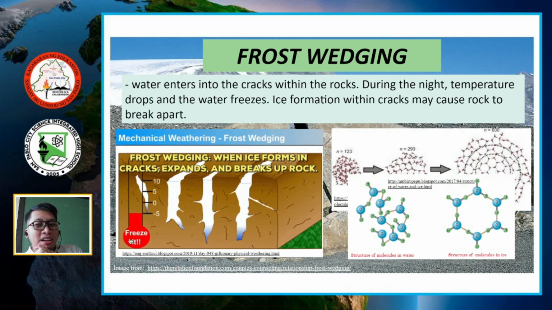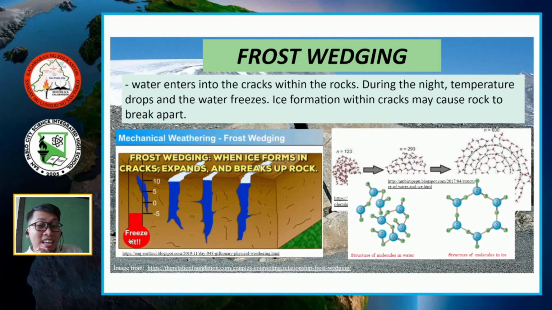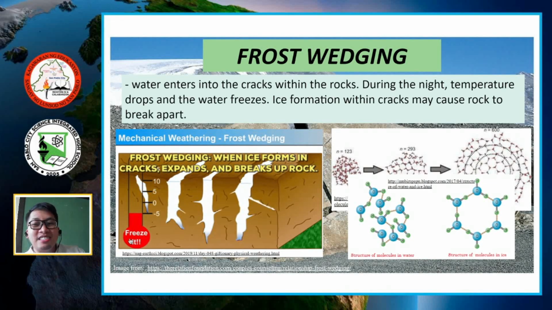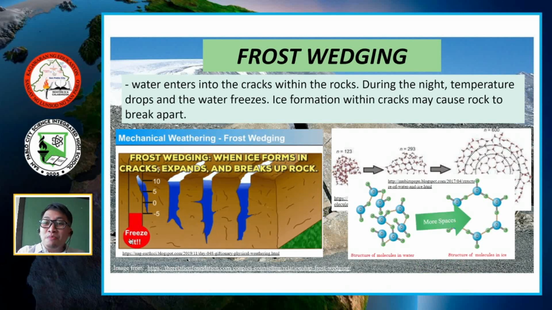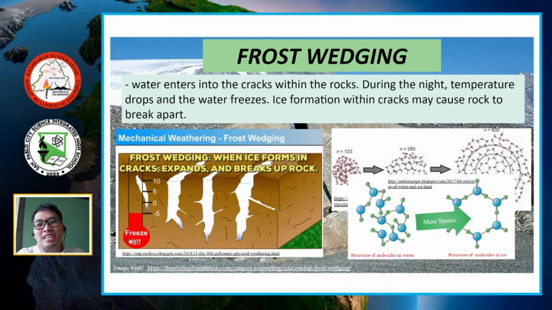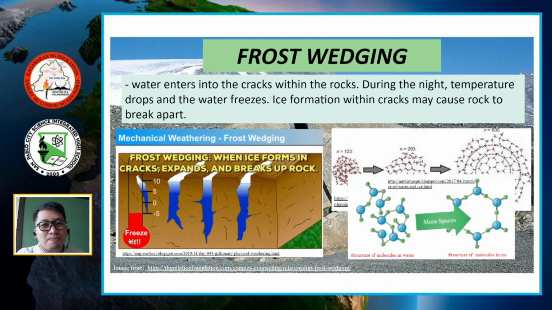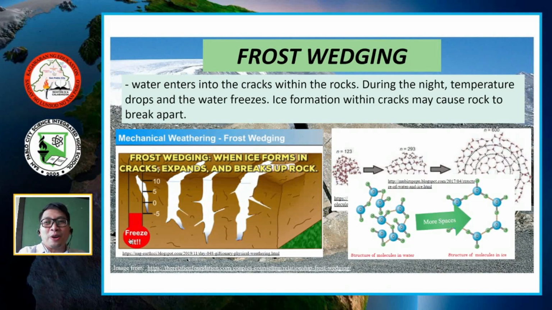Kapag nagkaroon ng ice formation, ina-arrange na yung sarili niya into this hexagonal molecular crystal structure. At kung mapapansin natin, nagkaroon siya ng more spaces habang siya ay nagkakaroon ng ganitong structure. So, ito yung reason bakit yung water ay nag-e-expand kapag siya ay nagkakaroon ng ice formation.